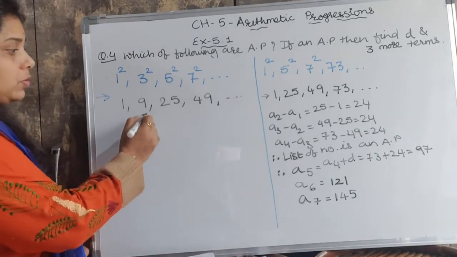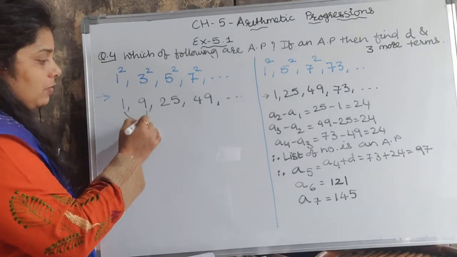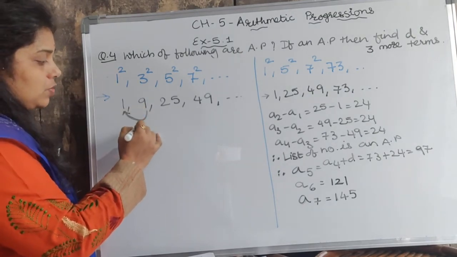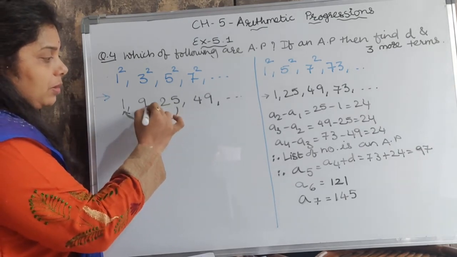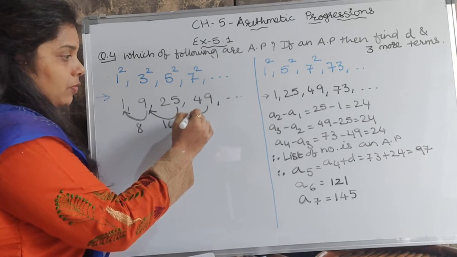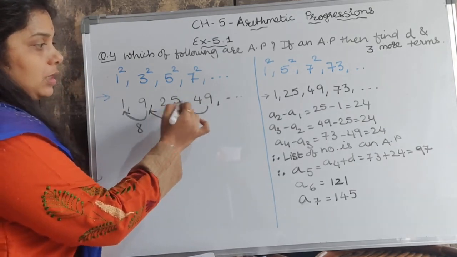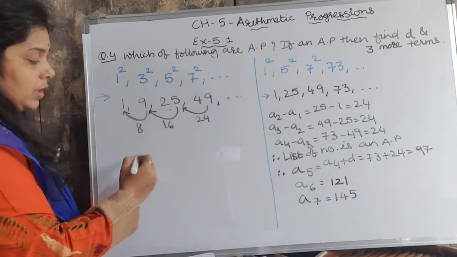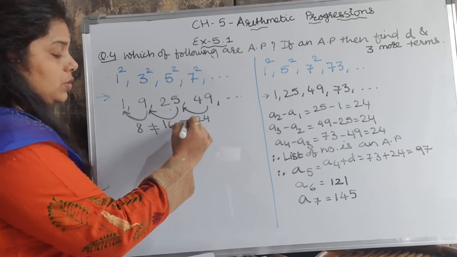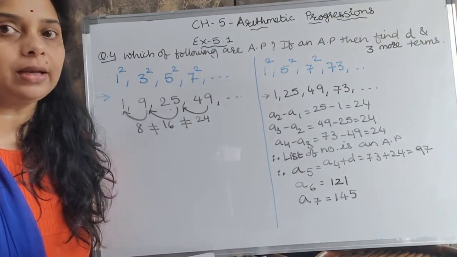If we take the differences, A2 minus A1 is 9 minus 1, which is 8. A3 minus A2 is 25 minus 9, which is 16. A4 minus A3 is 49 minus 25, which is 24. See, 8 is not equal to 16 is not equal to 24. So the given list of numbers is not an AP.